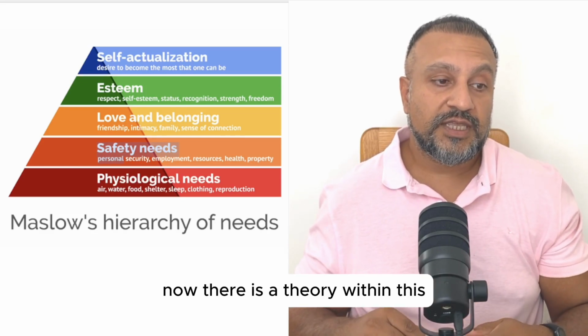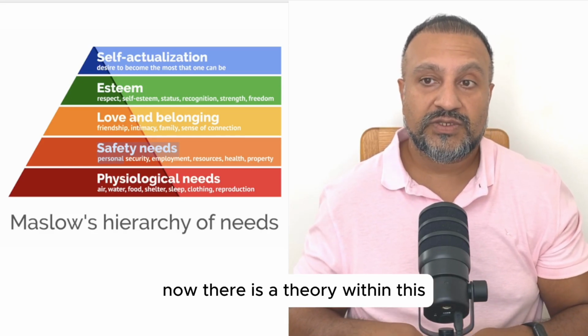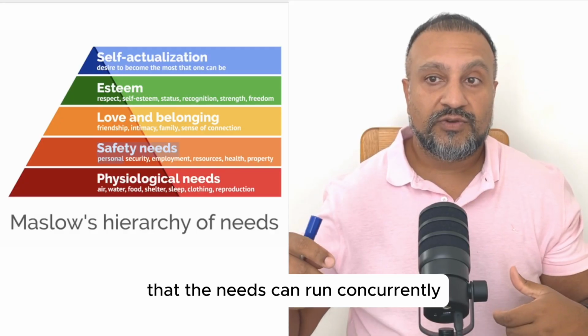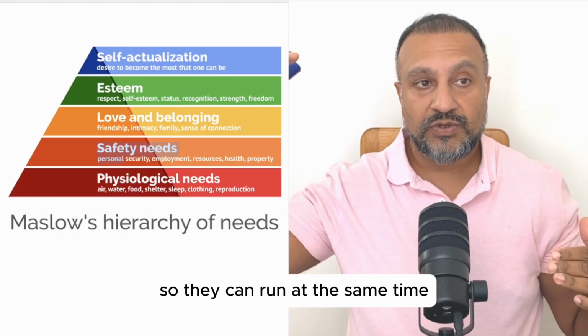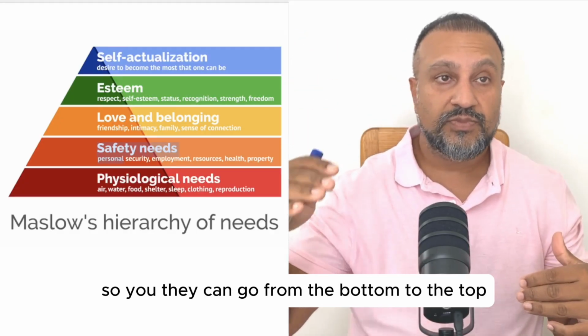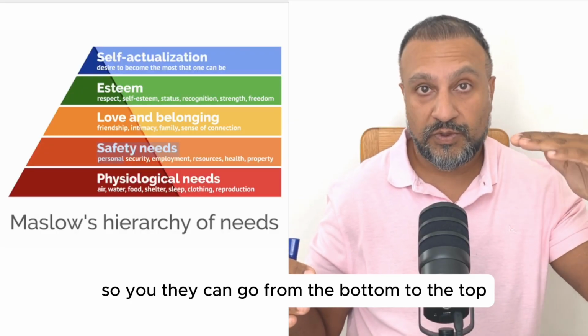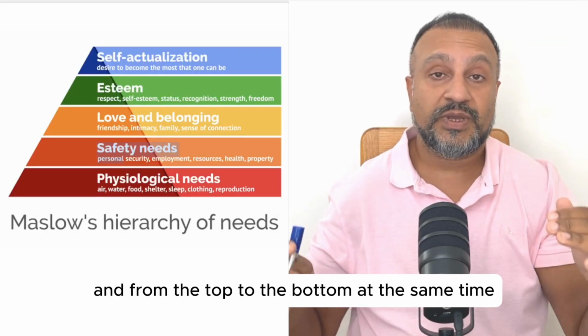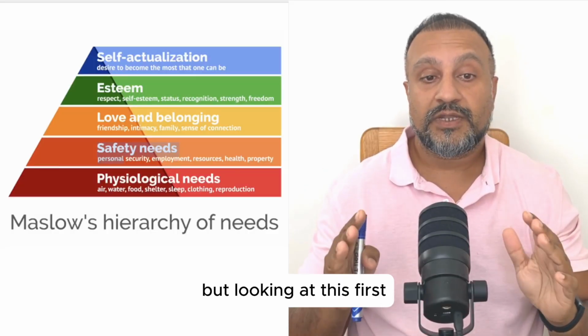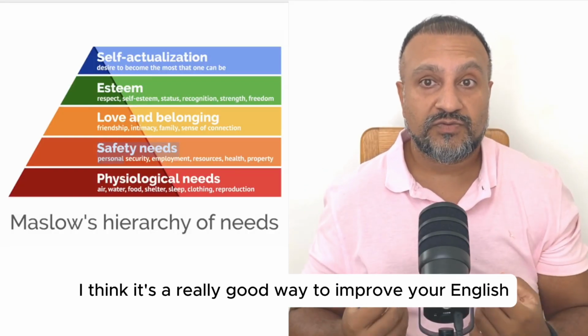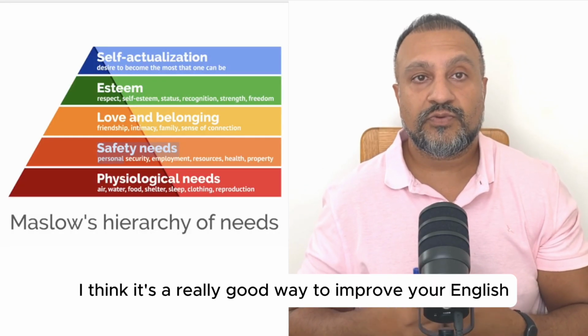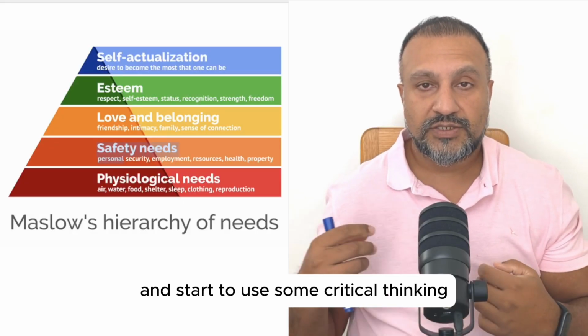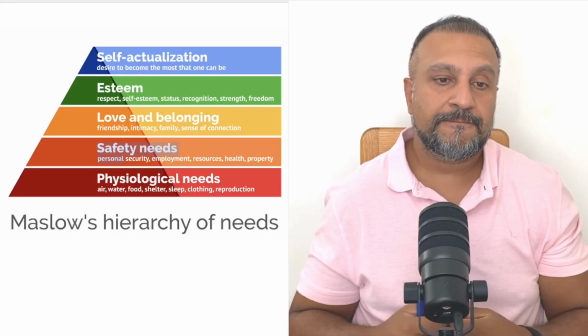Now, there is a theory within this that the needs can run concurrently, so they can run at the same time. So they can go from the bottom to the top and from the top to the bottom at the same time. But looking at this first, I think it's a really good way to improve your English and start to use some critical thinking.